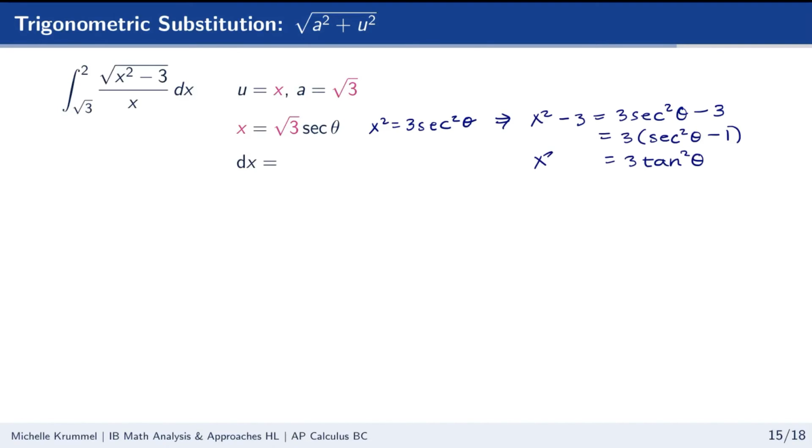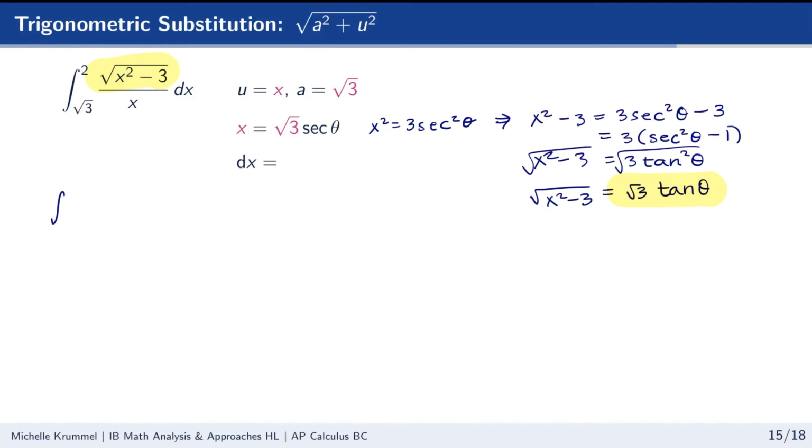So we have x squared minus 3 equals 3 tan squared theta. Now I can take the square root, and I get square root of x squared minus 3 equals square root of 3 tan theta. Okay, so I'm going to substitute that in for the square root of x squared minus 3. So we've got integral.